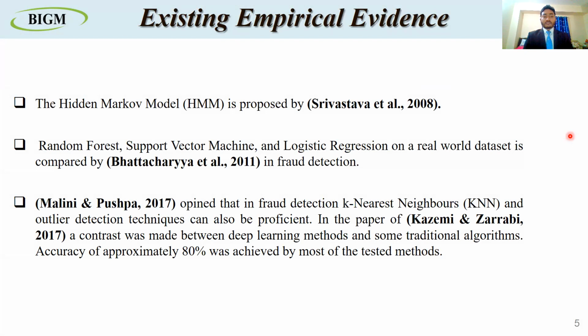Malini and Pushpa in 2017 opined that in fraud detection, k-nearest neighbor and outlier detection techniques can also be proficient. In the paper of Kajemi and Jarrabi in 2017, a contrast was made between deep learning methods and some traditional algorithms. Accuracy of approximately 80% was achieved by most of these tested methods.